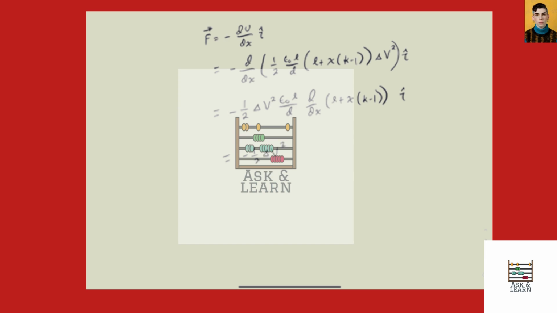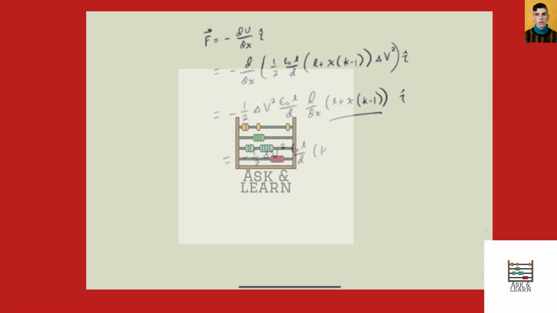If we take the derivative of this, the L goes away, the X becomes 1, so we get just kappa minus 1.